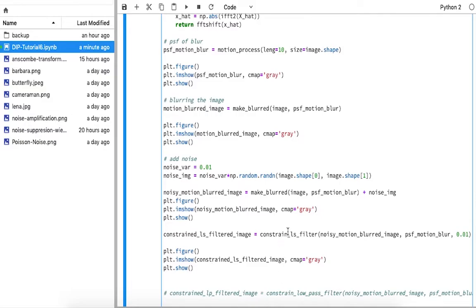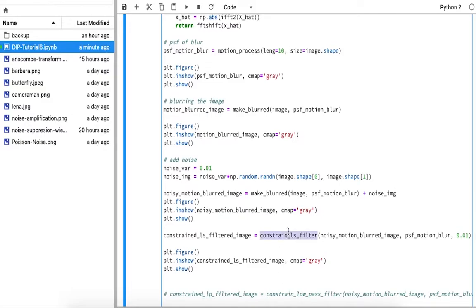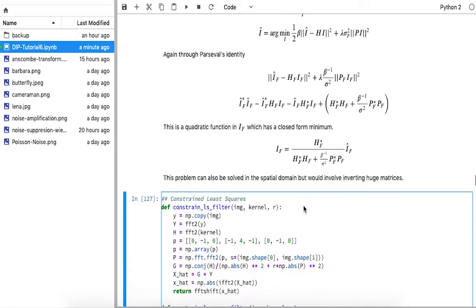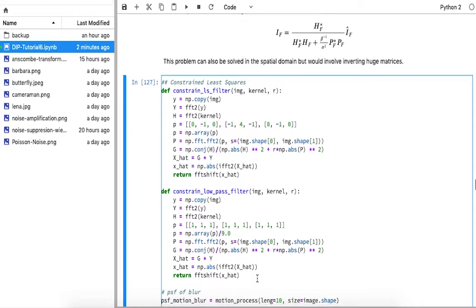What this function does is implement this, very similar to what the Wiener filter did, but I created this P matrix here, and I'm taking the Fourier transform of it, just merely writing down what I wrote there. So you get this, and then you multiply with it.